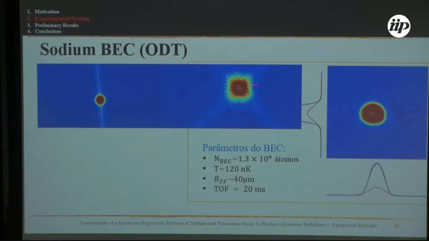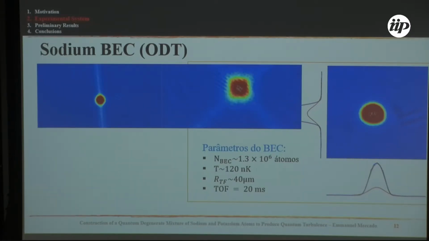This is the top view, and this is a lateral view of the atoms confined in the optical dipole trap. We also produce our BEC of sodium atoms with a very pure condensed fraction. We have a condensed fraction higher than 19% of sodium atoms.